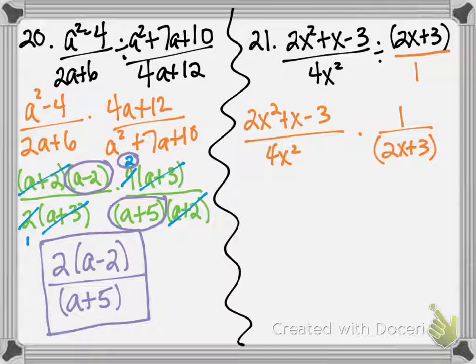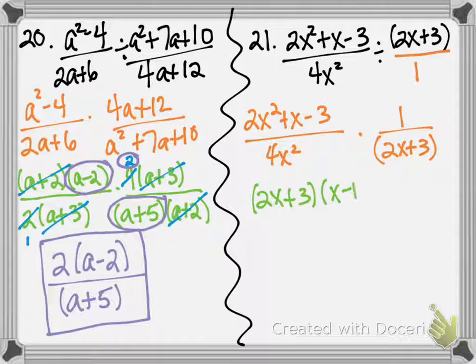Okay, so this might have confused you, but what you have to remember is that 2x plus 3 can be written as a fraction. It is always over 1 when you have something. So when you flip it, it's 1 divided by 2x plus 3. Factor out the top left, and by the way, if you'll notice, since you have a 2x plus 3 on the bottom right, it's not definite, but there's a really good chance that one of the factors of the top left is going to be 2x plus 3. So you can always check that and see if it works.